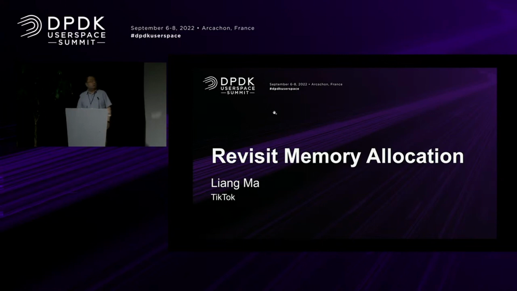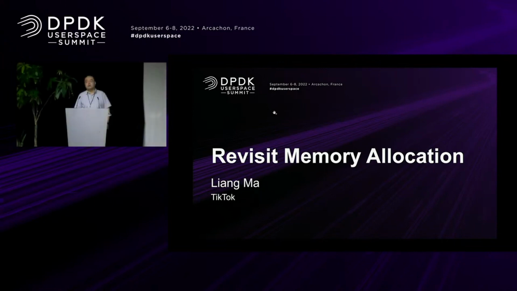Okay, so I changed the title a little bit. I changed the title to revisit memory allocation in DPDK. The reason for that is I remember this topic was discussed in a previous DPDK summit around 2019. The reason we need to revisit this is, I believe, because our fantastic unit test tool, the DPDK Malloc performance test, is not available at that time.